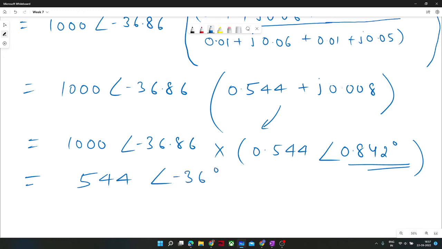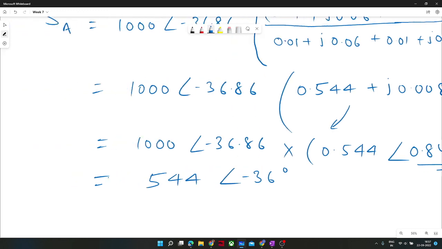So this would be the load of transformer A here, and transformer A is delivering 544 kVA and 36 degree of lagging power factor angle.